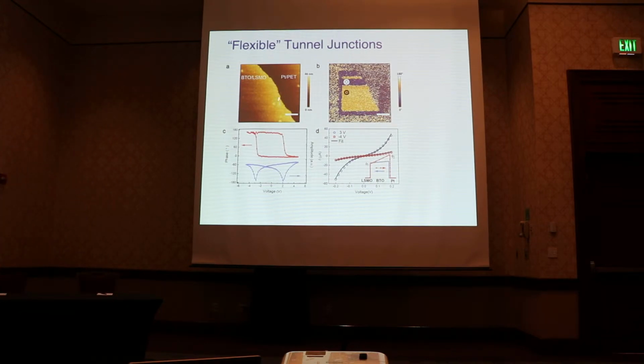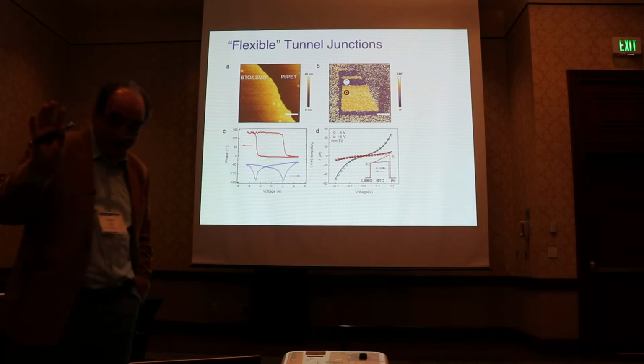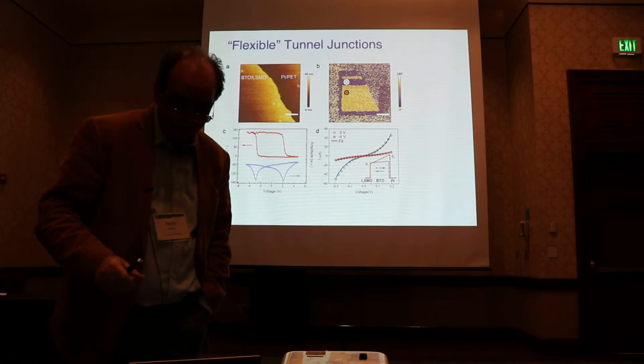So that's a fully functional tunnel junction, about a centimeter large, transferred on polyethylene terephthalate. Not poly, whatever it is, PET. So the one we use for water bottles. And it's really working after the device was transferred. I will not show you how, but that's still under patenting now.